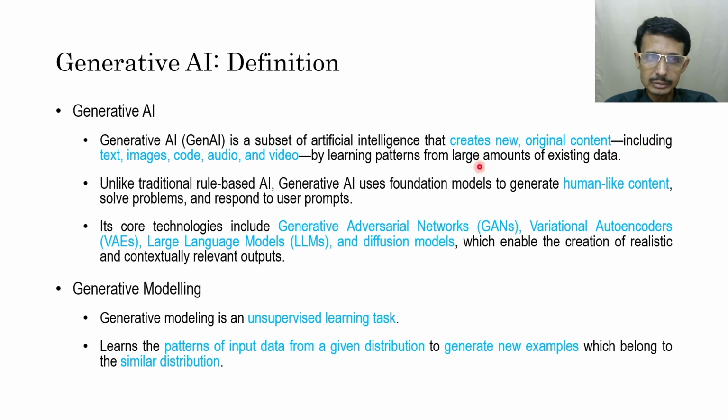For example, it can create text, images, code, audio, video, and so on. How? By learning patterns from a large amount of existing data. So generative AI has the power to create new content like text, image, code, audio.